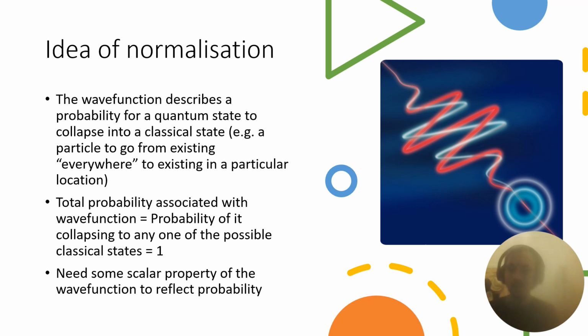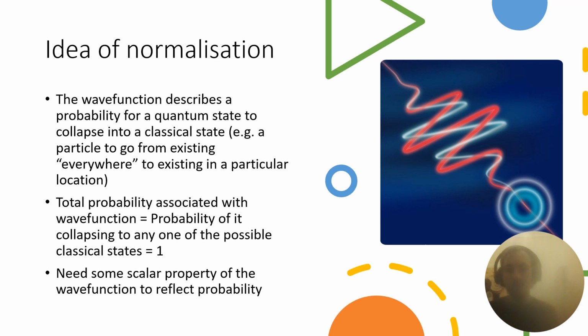That is, we should be certain that when we measure where the particle is, the particle does end up existing at a single point in space. We might not know where that place will be, but we should be certain that it ends up existing somewhere.